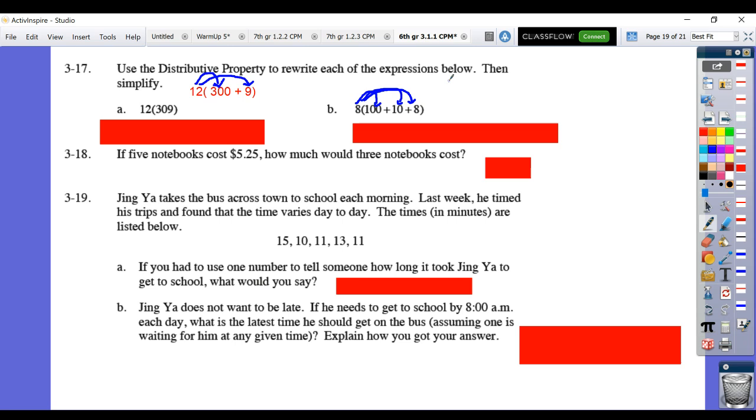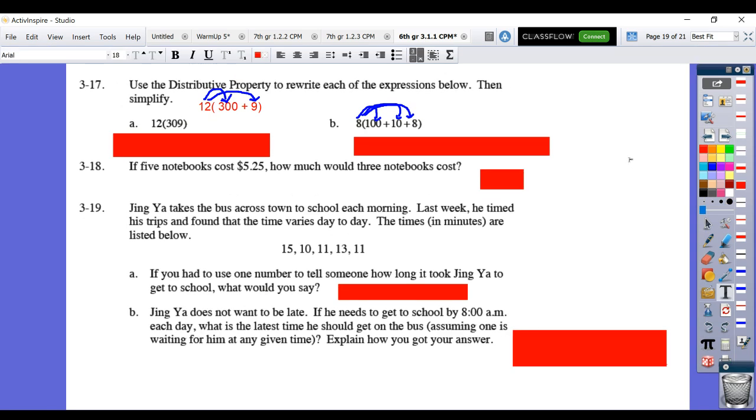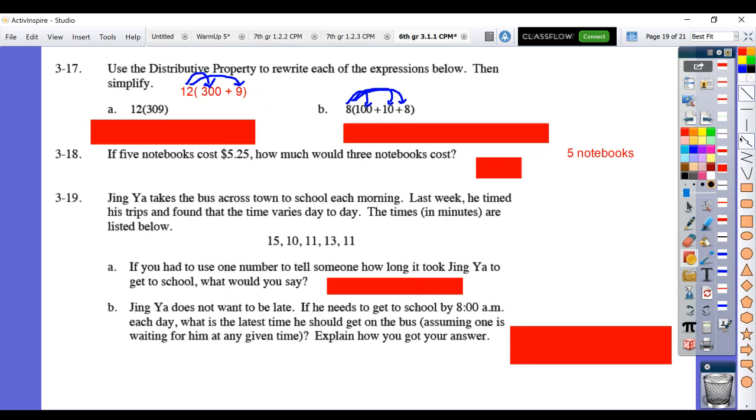For 318, if 5 notebooks cost $5.25, how much would 3 notebooks cost? So again, there's more than one way you could do this. One way you could do it is to set it up and say, all right, 5 notebooks are $5.25.